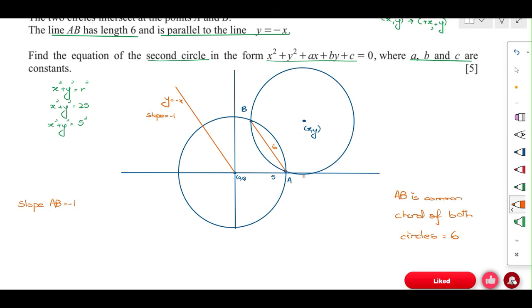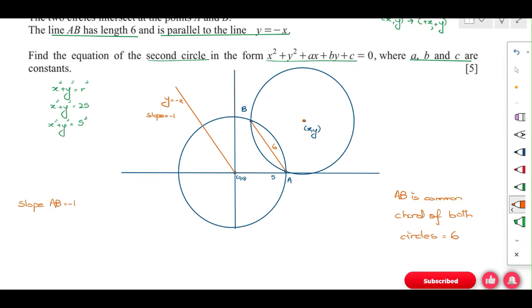Okay, now we know that from the center to a point on the circumference, this length is 5, and for this circle, same, the center to the circumference, this length is also 5. So by using this information, we need to figure out the center for this circle, because we know the radius of that circle.